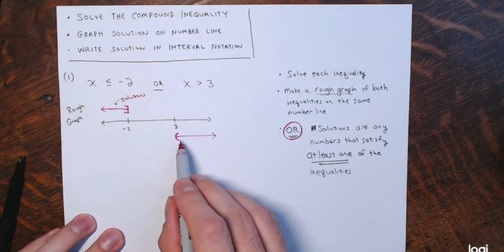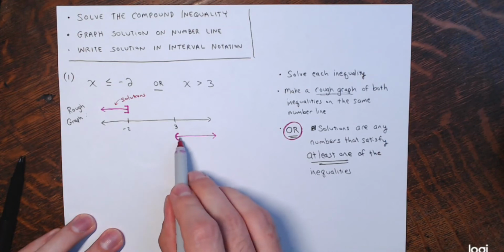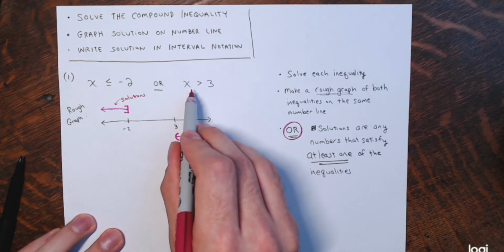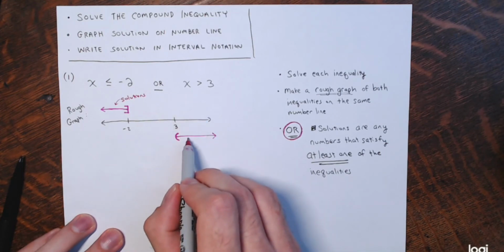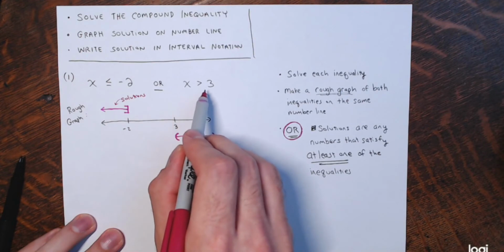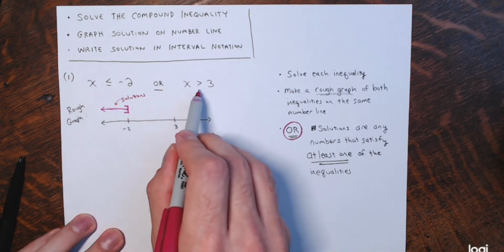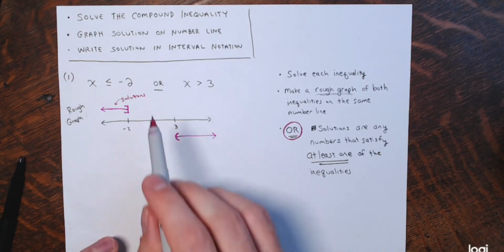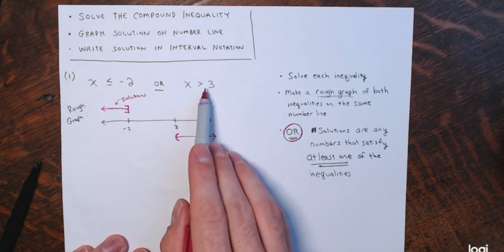And so are these. These numbers greater than 3, these satisfy the second inequality. So when I plug in 4, yeah, 4 is not less than or equal to -2, but it is greater than 3. So either this or this is true, making the whole statement true. So the or means either this is true or this is true or both are true.